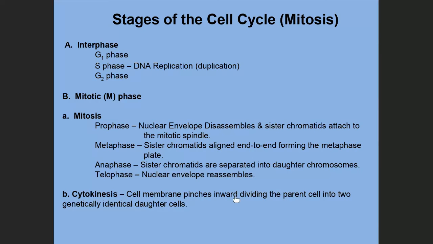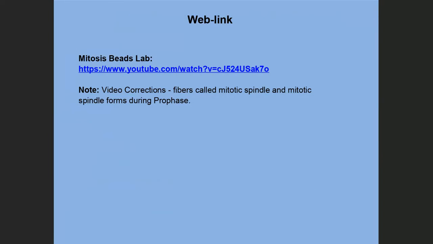Cytokinesis down here: the cell membrane pinches inward, dividing the parent cell into two genetically identical daughter cells. But if you look at mitosis, mitosis is actually divided up into four smaller phases: prophase, metaphase, anaphase, and telophase. I'm going to let you read through this, okay? I'll go over this information though using these diagrams.